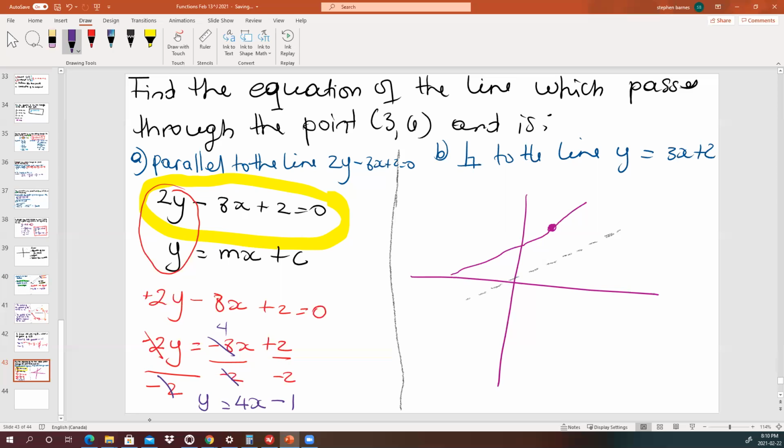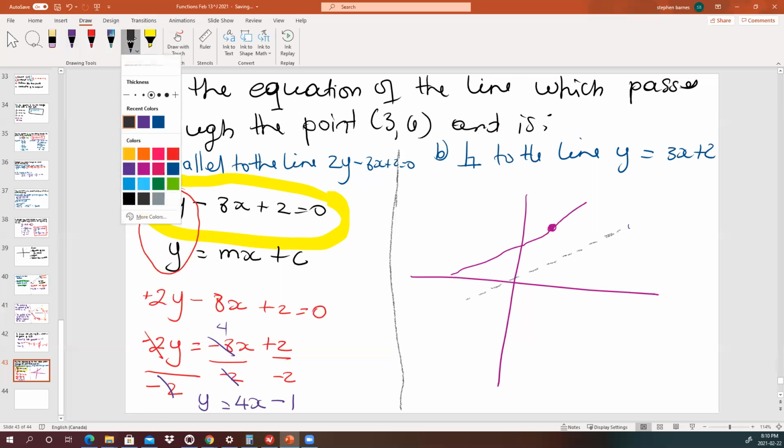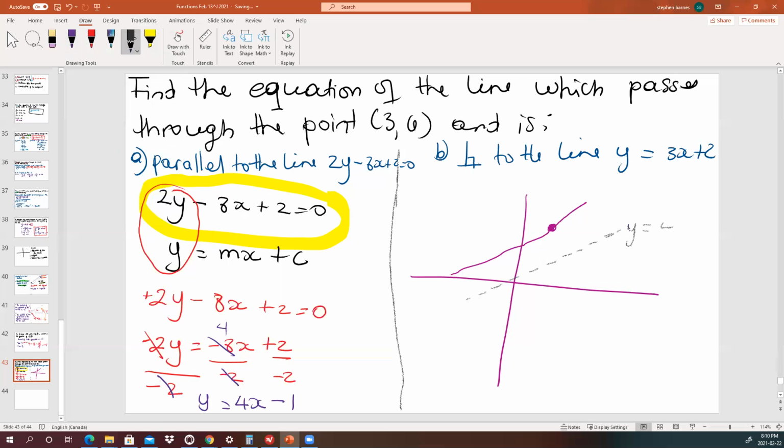So I now have the equation of my imaginary line, right? The equation of this line here is y equals 4x minus 1.